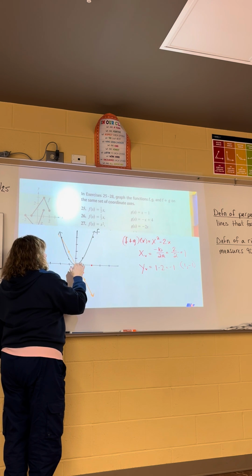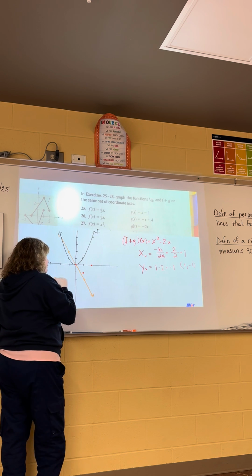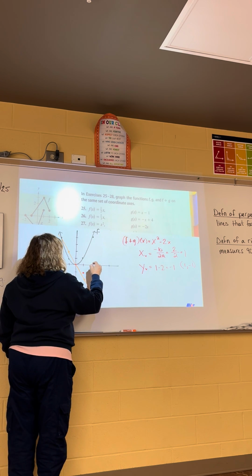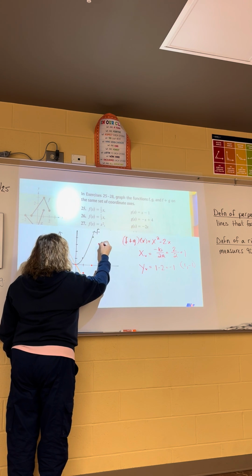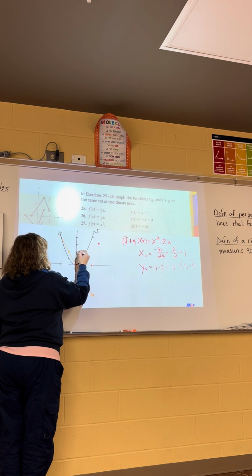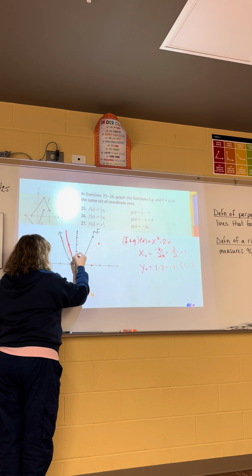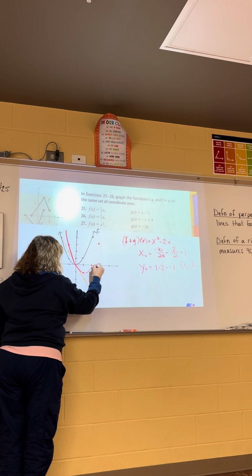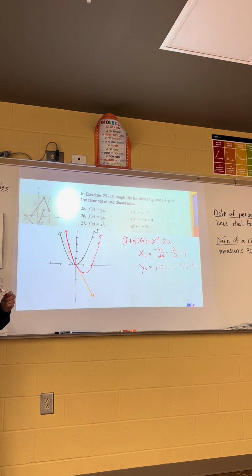Go up 1, back 1. That's a point on my graph. Then from there you go up 3, over 1, and do the same thing over here: up 3, back 1. And there's all three functions on the same graph.